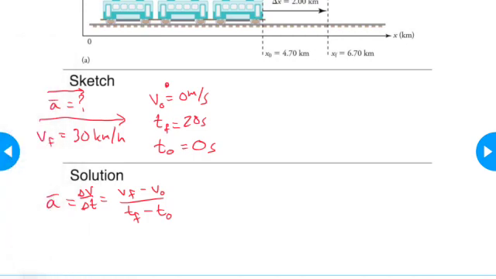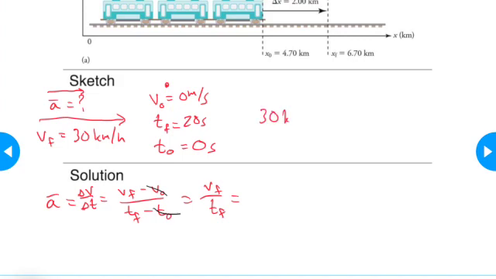And again, we have some things that are 0, the initial velocity and initial time. So we have the final velocity just divided by our final time, which is 30 kilometers per hour divided by 20 seconds. We do need to convert that.